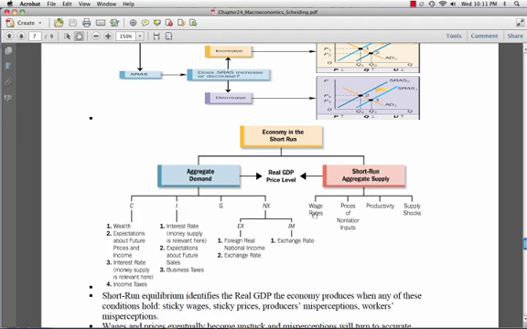If the wage rate rises, short-run aggregate supply falls. If the price of non-labor inputs rises, short-run aggregate supply falls. If productivity decreases, the short-run aggregate supply curve falls.